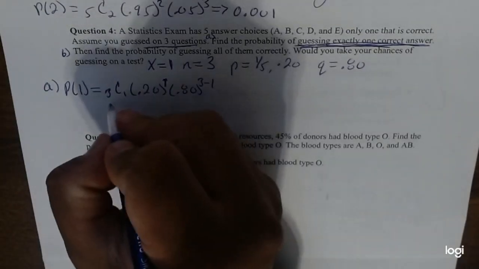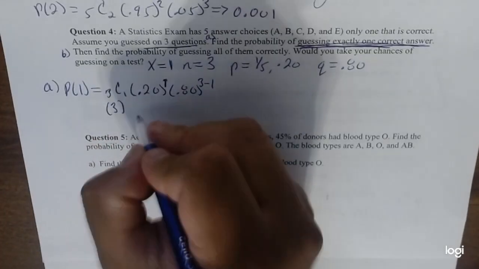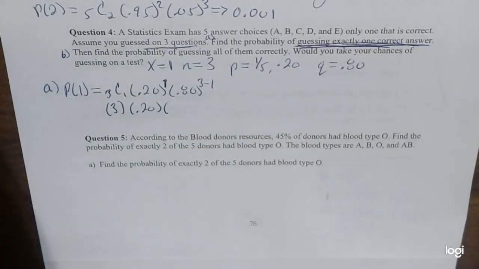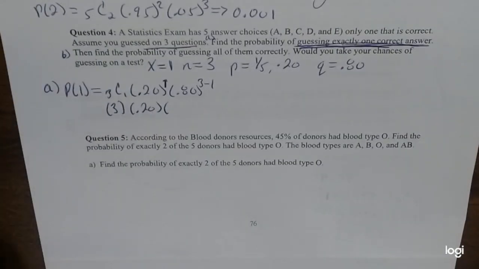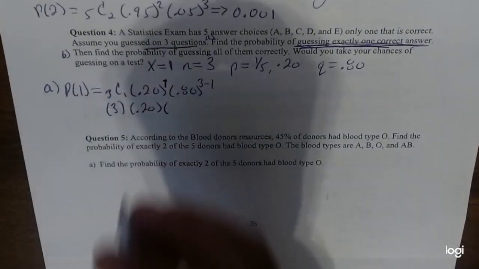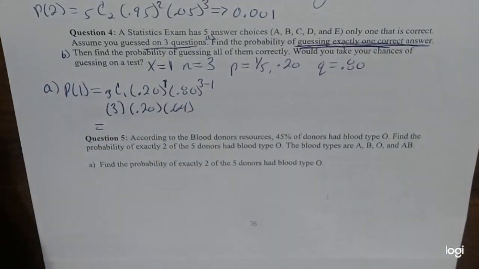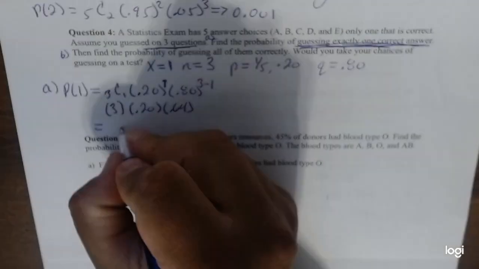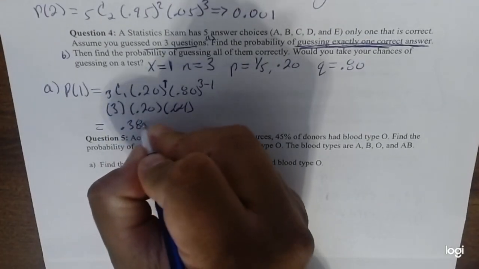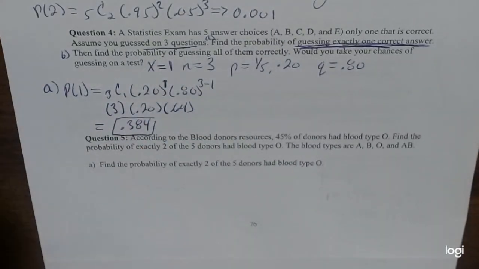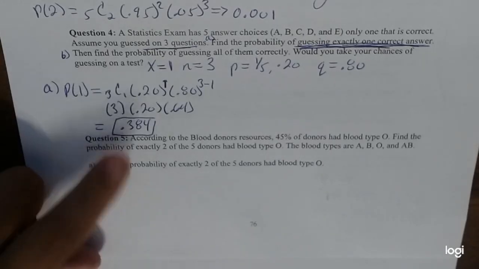Yep. 0.20 to the first power is just itself, and then 0.8 to the second power, because that's 3 minus 1, is 0.64. And now we just multiply. Okay, and there we go. So that's A.